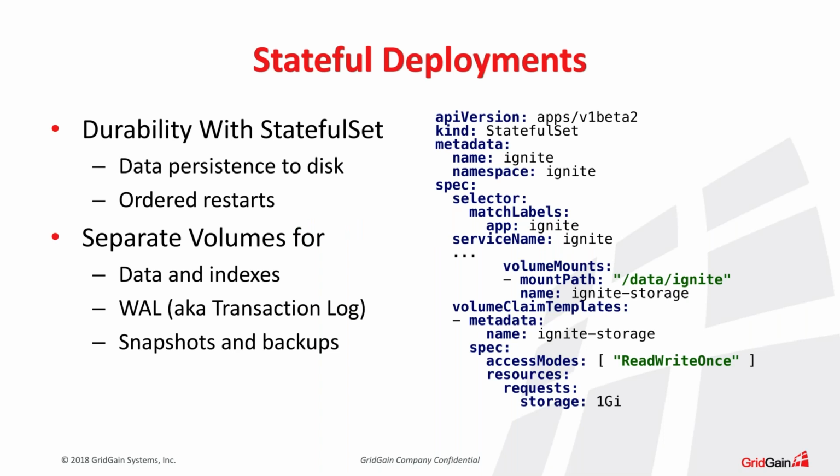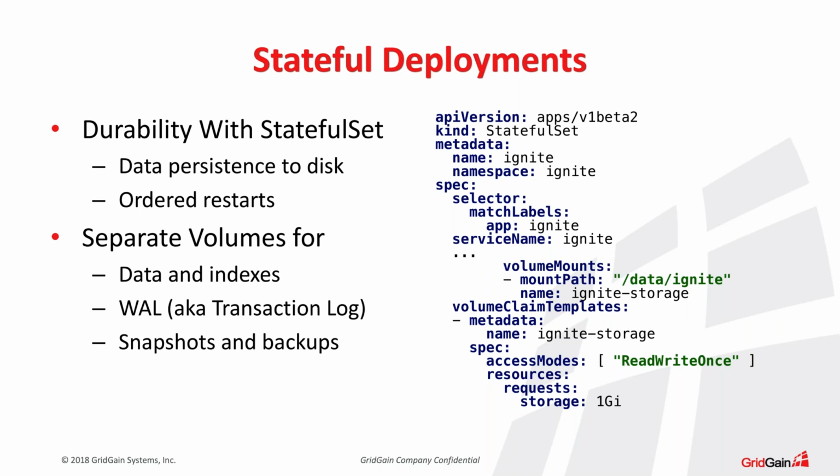With stateful deployments, the stateful set in Kubernetes, again, is usually used to persist data to disk. It's pretty obvious. It's also designed in such a way that you can restart your pods in some order.